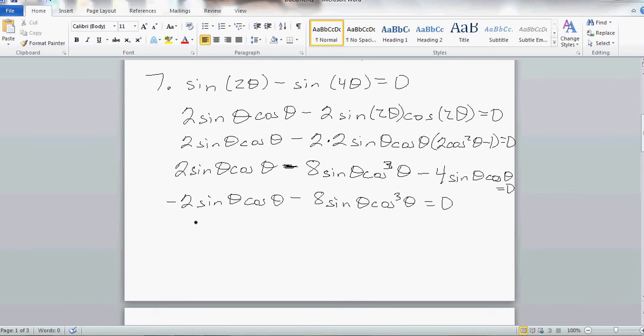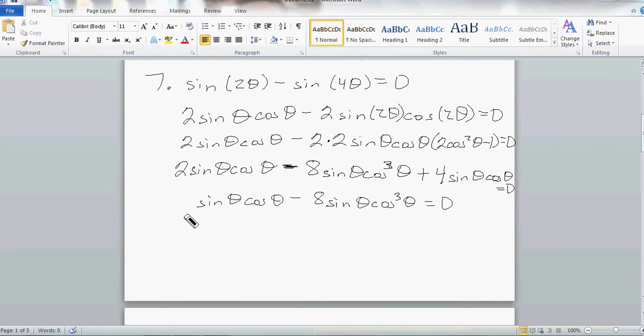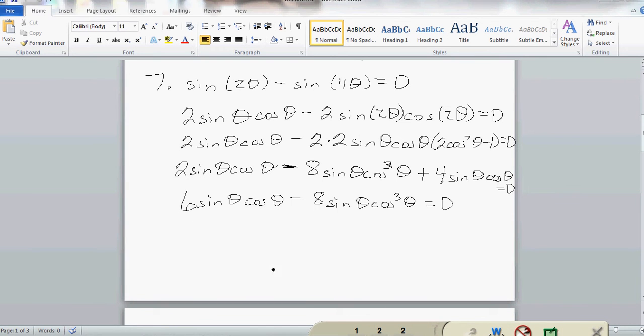Well, here I can factor out, whoops, I messed up here. This is a plus because minus and minus becomes a positive. So this would become positive 6 instead of a 2. Okay.